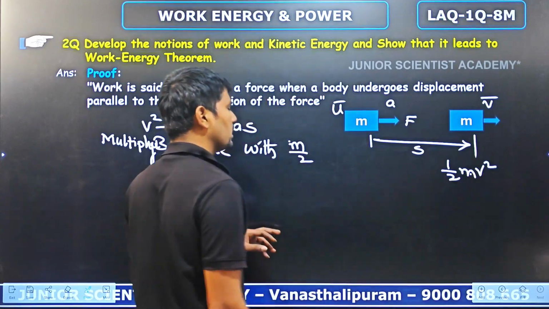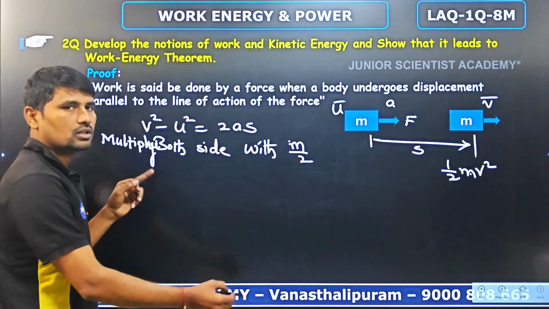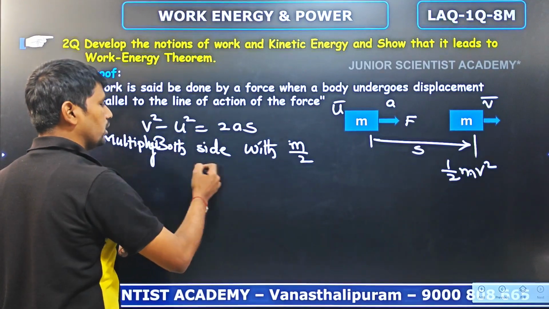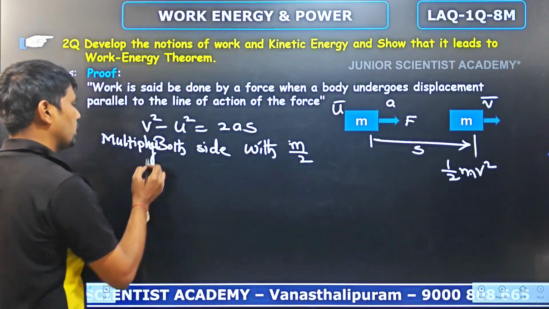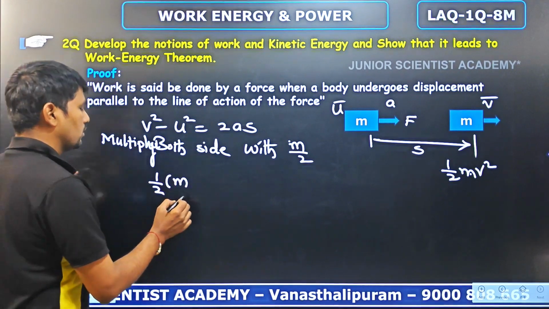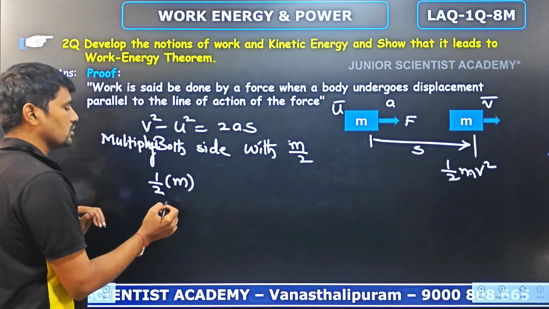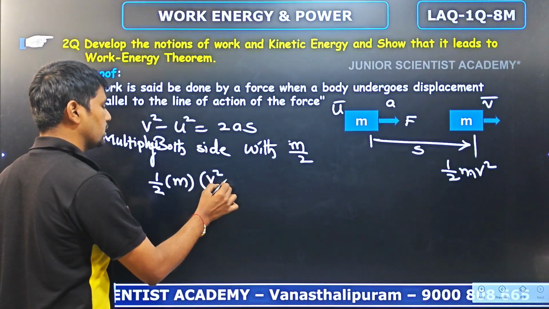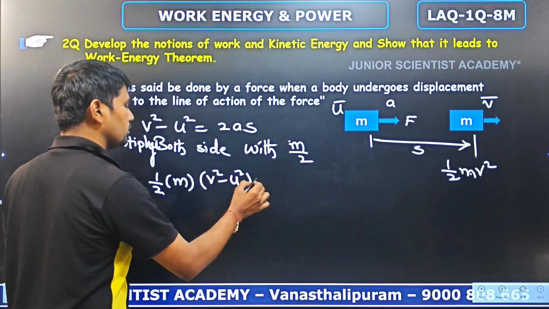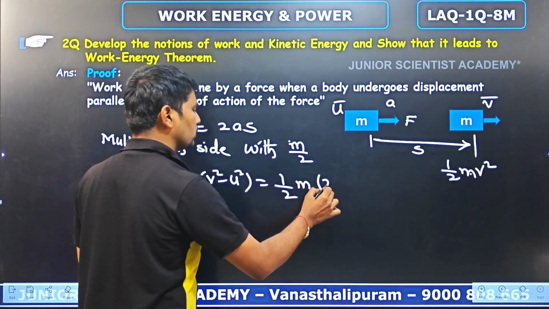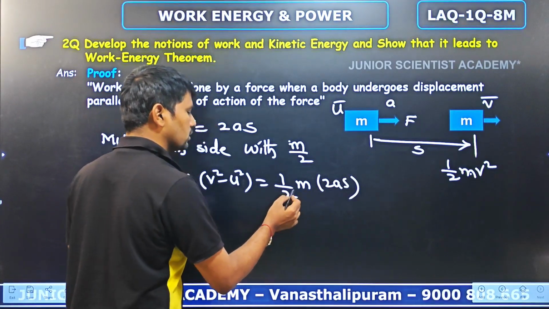Here v square is there but there is no half into m, so that is why we are multiplying both sides with m by 2. Then half m into v square minus u square is equal to half m into 2as.